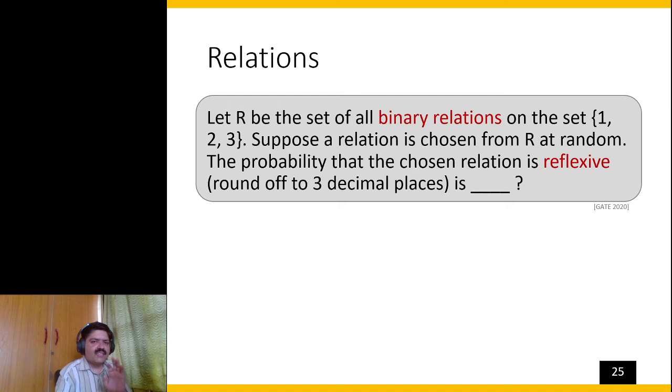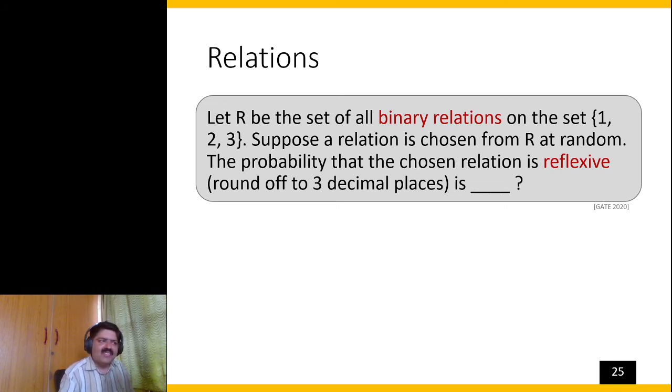So I have a set which has three elements 1, 2, and 3 in it, and I am interested in creating binary relations. That means we have ordered pairs there. Suppose a relation is chosen from R at random, the probability that the chosen relation is reflexive, rounded off to 3 decimal places, is what?